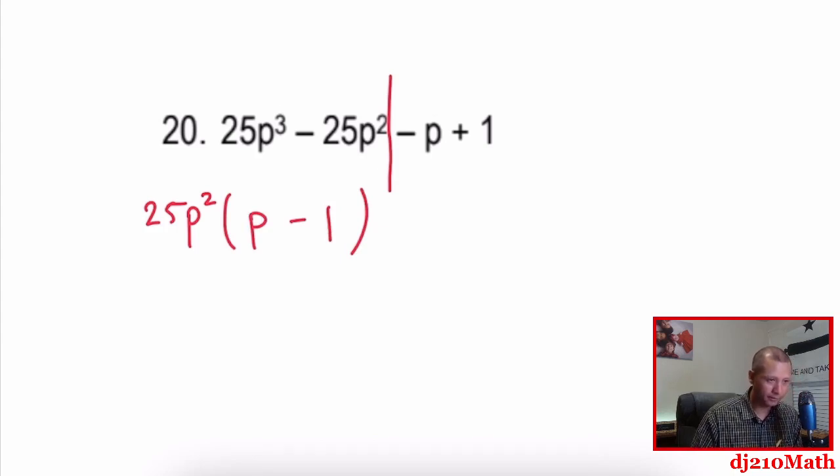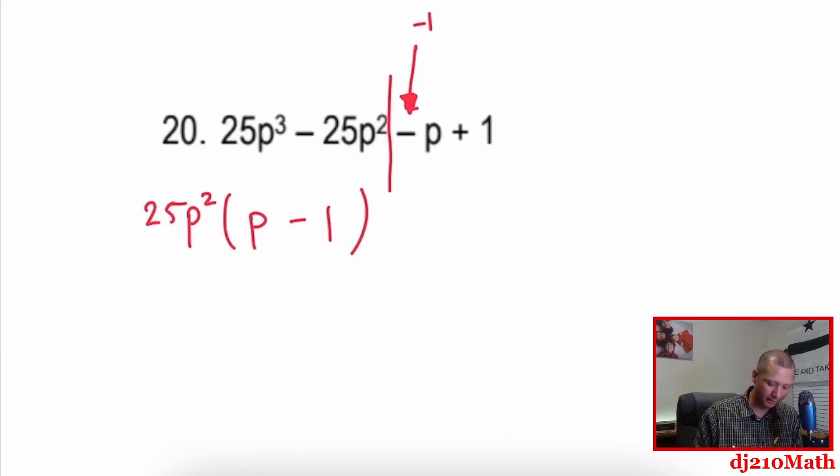Okay. The last two, if you can't take out anything, like looking at it, I can't take out any numbers, can't take out any variables. So when you can't take out anything, factor out a 1. In this case, because this is negative, I want to take out a negative 1.